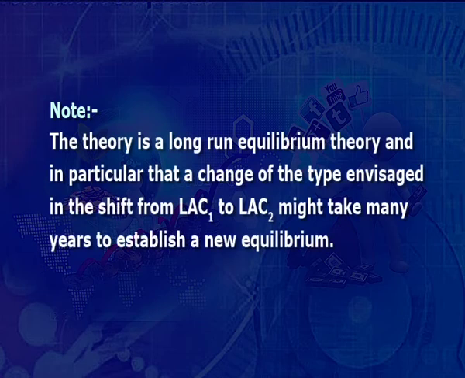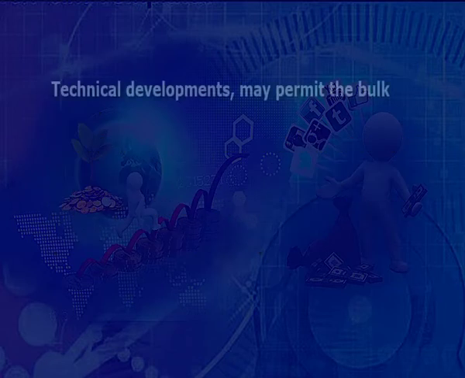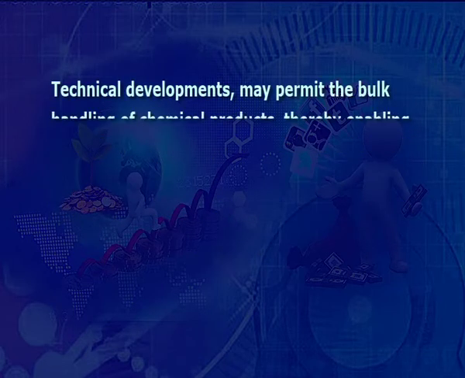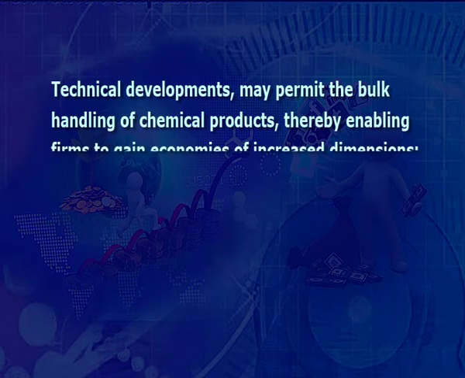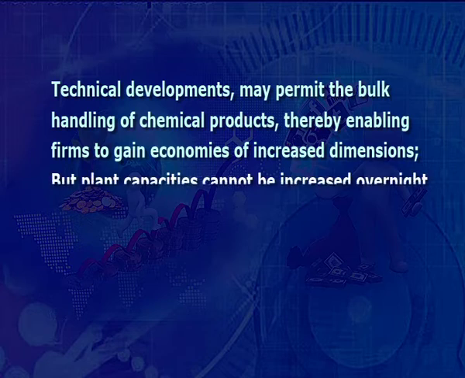Finally, it should be noted that the theory is a long run equilibrium theory, and in particular that a change of the type envisaged in the shift from LAC1 to LAC2 might take many years to establish a new equilibrium. Technical developments may permit the bulk handling of chemical products, thereby enabling firms to gain economies of increased dimensions.